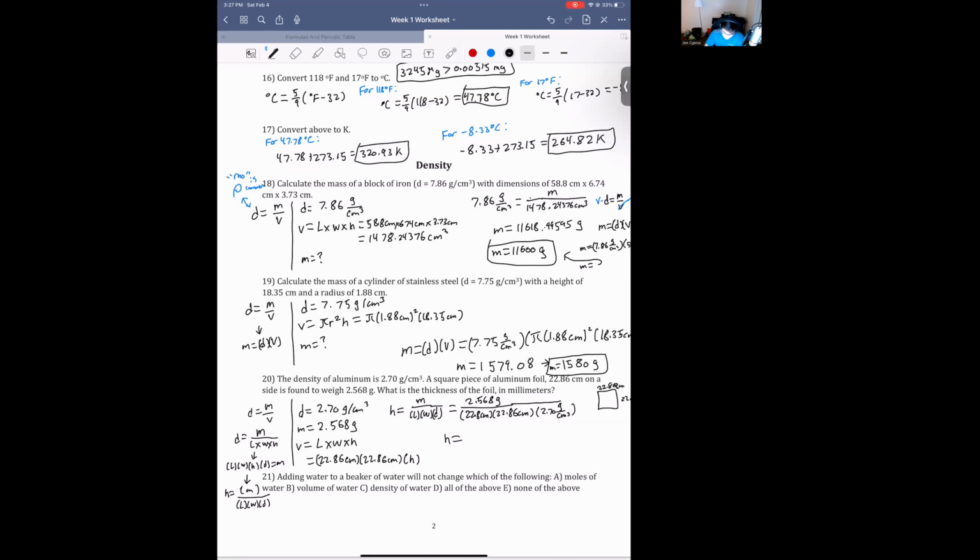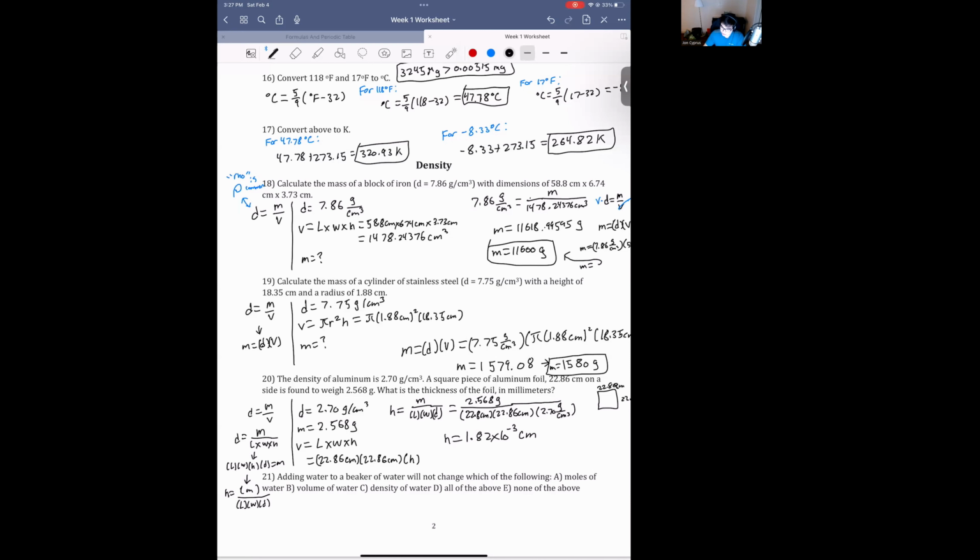You go ahead and plug this into your calculator. And you end up getting, and use 3 sig figs here, 3 sig figs because of the density, 1.82 times 10 to the negative 3 centimeters.